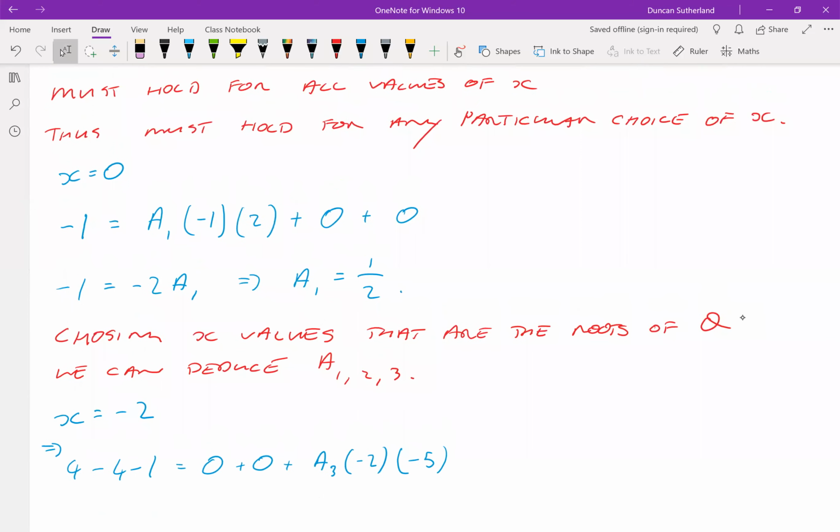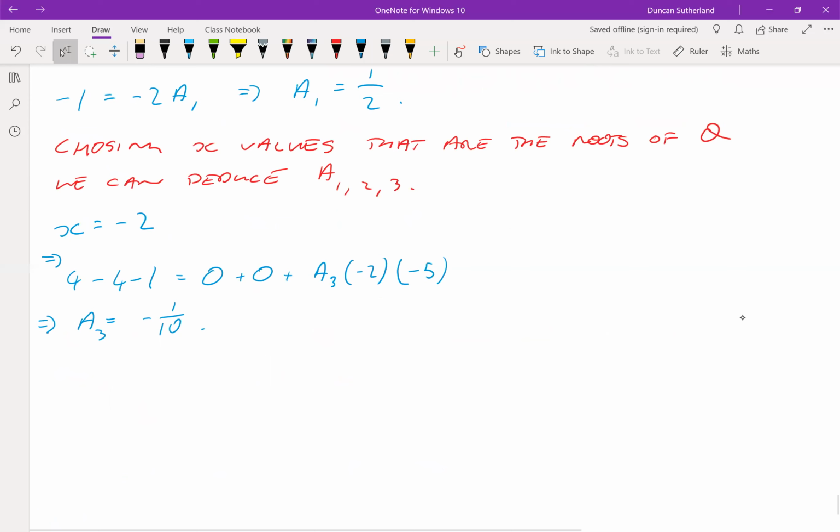Okay, so A3 is looking like minus 1/10 when that all simplifies out.